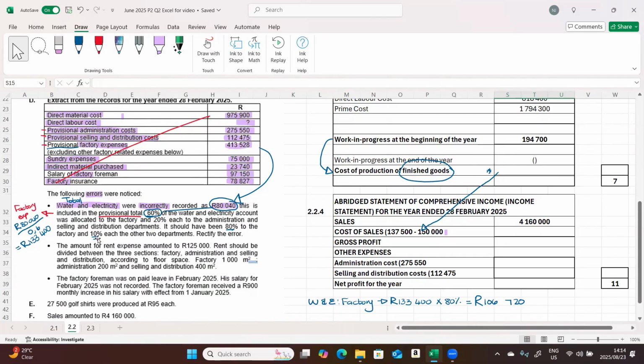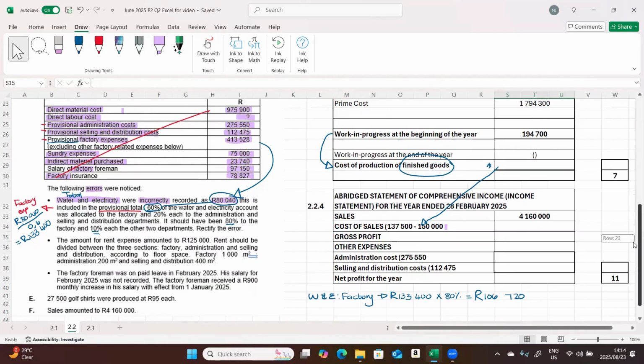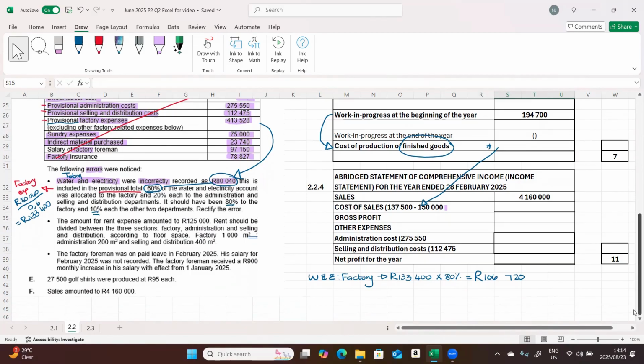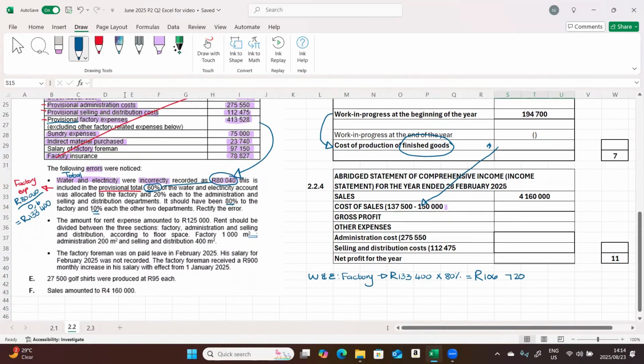So you are going to calculate your adjustment amount, and you are going to subtract it from these provisional totals. Do you guys understand? Because the percentage has to decrease. Okay, now once again, what we have to do is go and calculate our water and electricity.